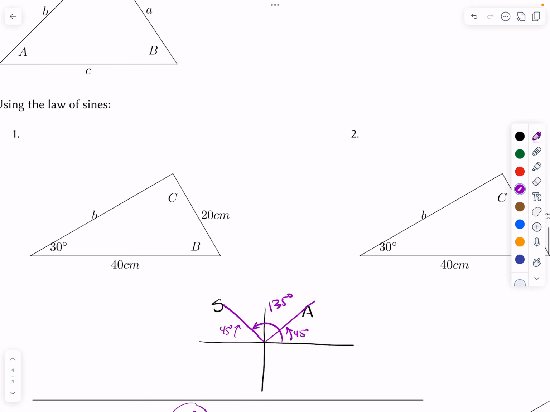Here there's only one triangle. I won't go back and deal with all of these, but here there's only one triangle.